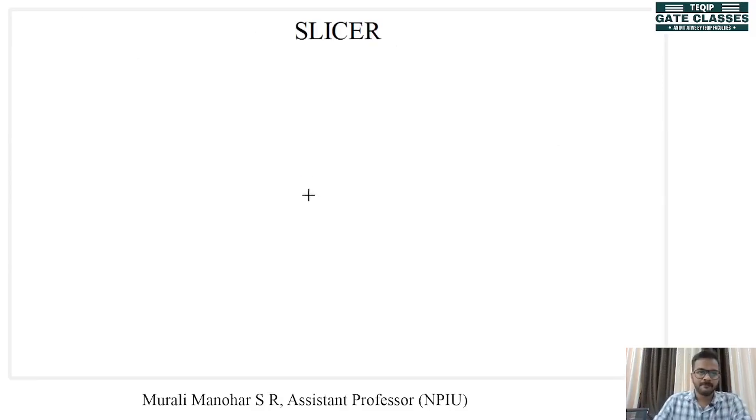Okay. Now our next circuit is called slicer circuit. Actually, this is a two-level clipper circuit. Now let's see how a slicer circuit works. We have our input, resistance, and diode connected to a reference voltage.